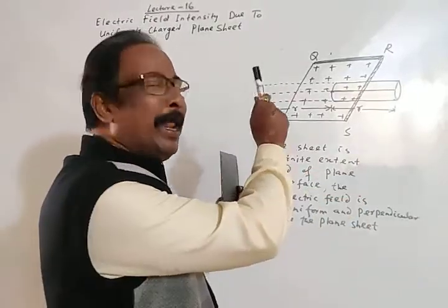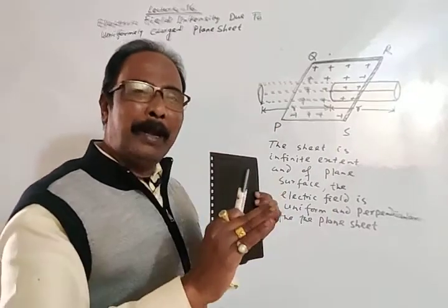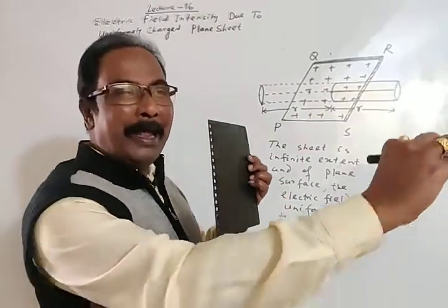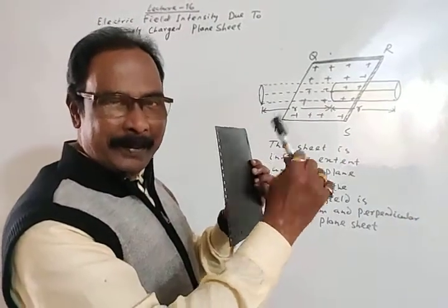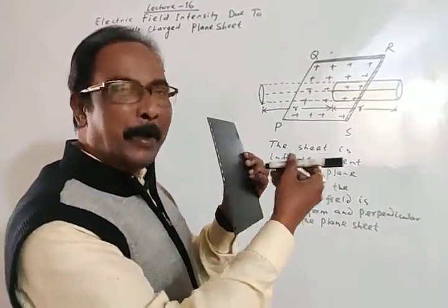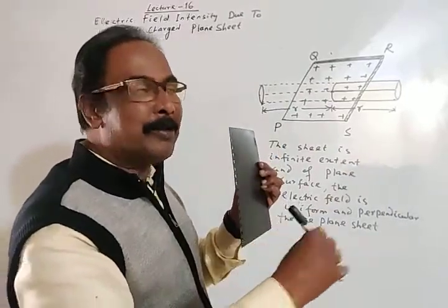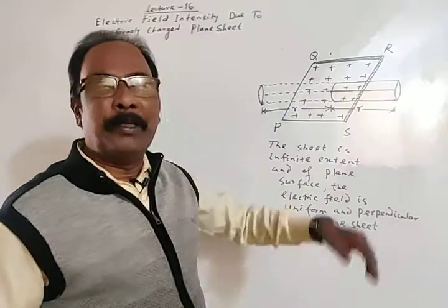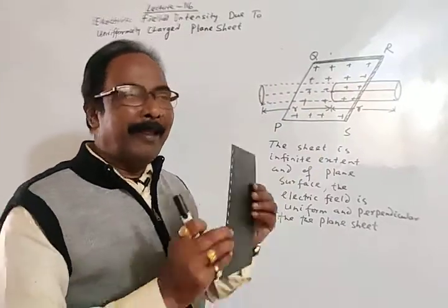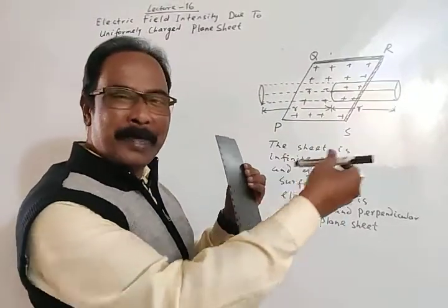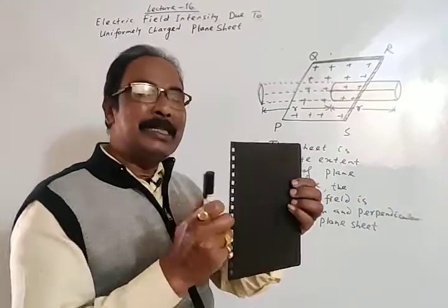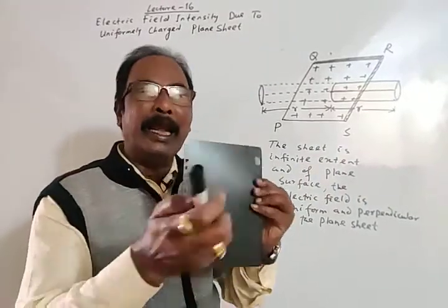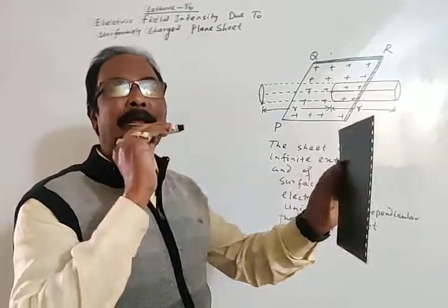If the charge were negative, then the electric field would be perpendicular and uniform again, towards the surface. Positive charge, electric field away from the surface; negatively charged, electric field towards the surface. We have taken positive charge, so the electric field is away from the surface. Since the flat sheet has two surfaces, the electric field will be in both directions.